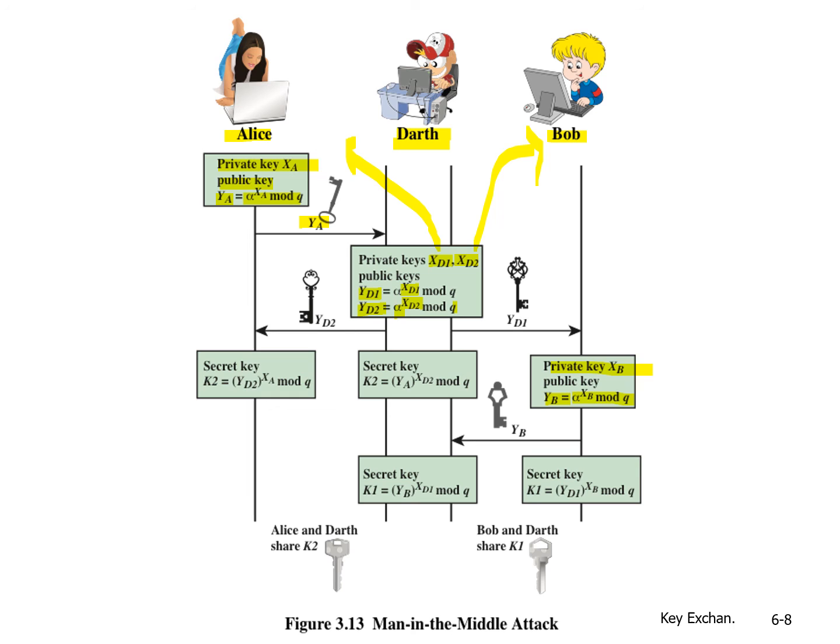Then Das returns YD2 to Alice, and sends YD1 to Bob instead of YA from Alice.